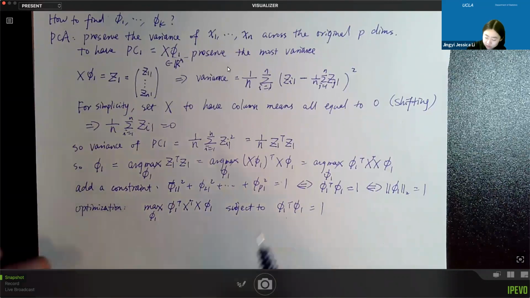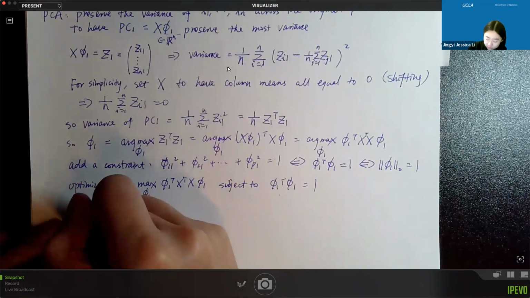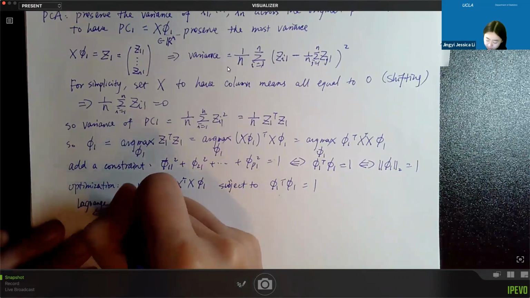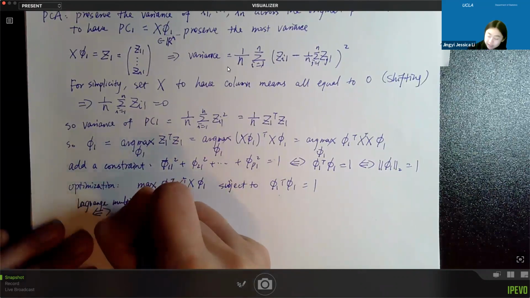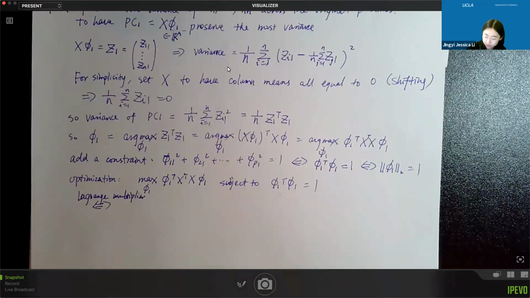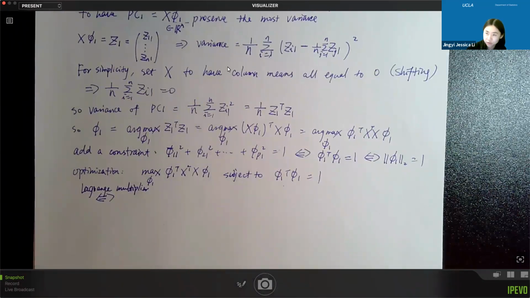So what we do is that we just use that Lagrange multiplier technique. If you're interested in this, and if this is new to you, you can check the Wikipedia page to start with. So we're going to use this constraint as part of our optimization problem.